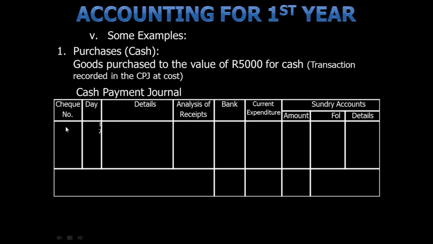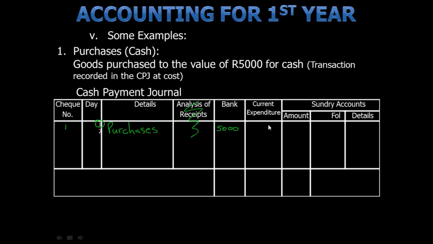So firstly, we'll enter the folio number of the check. We'll enter the date of the transaction. The details of the transaction in this regard would be purchases. We can ignore analysis of receipts in this example, seeing as we are dealing with a payment. Because the payment was made in cash, this affects our bank account to the value of 5,000 Rand.